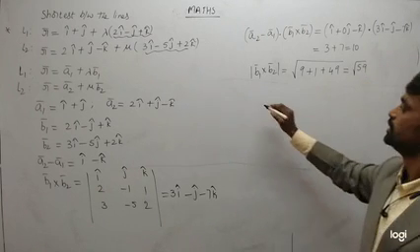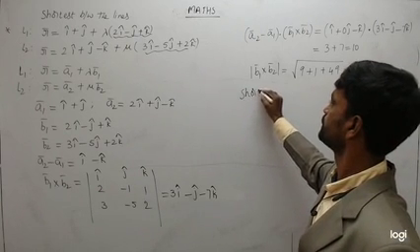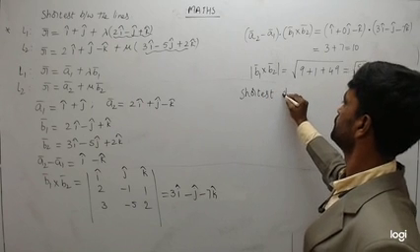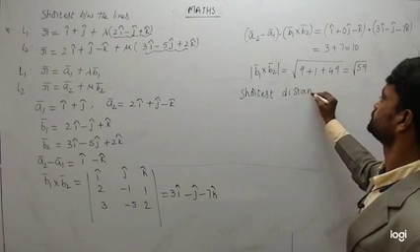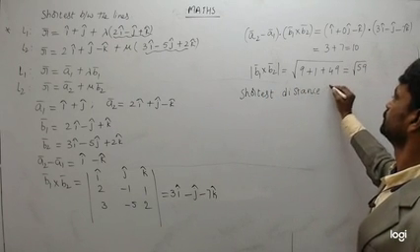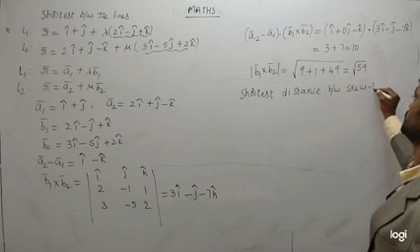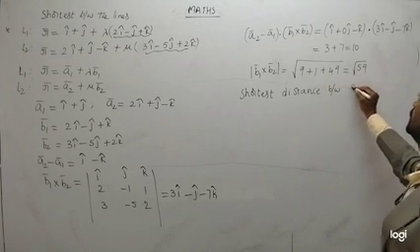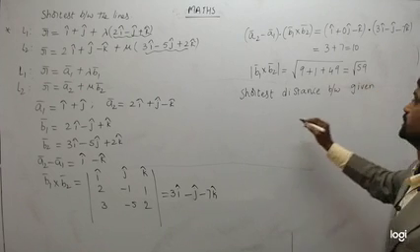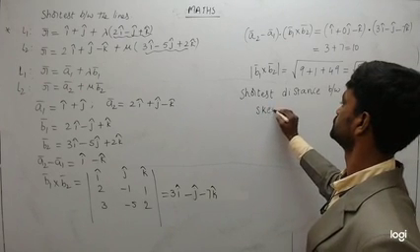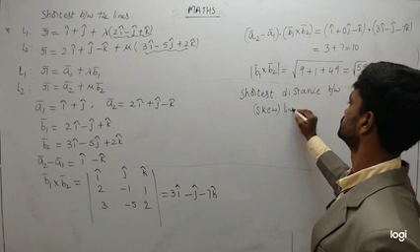So now the shortest distance between given skew lines. So what is the formula?